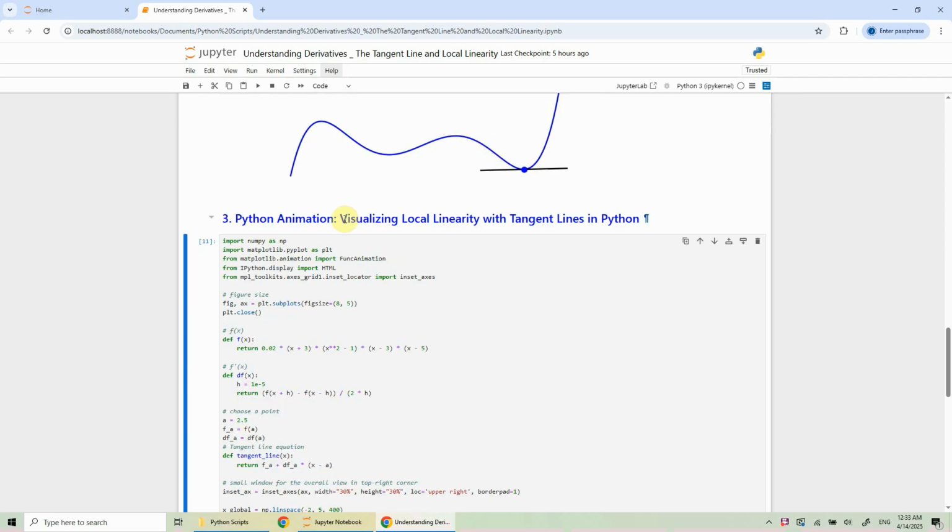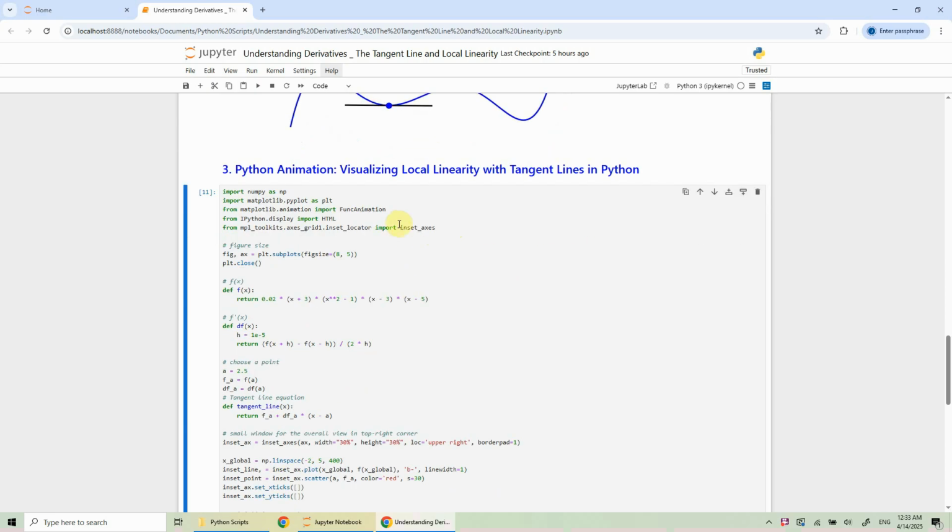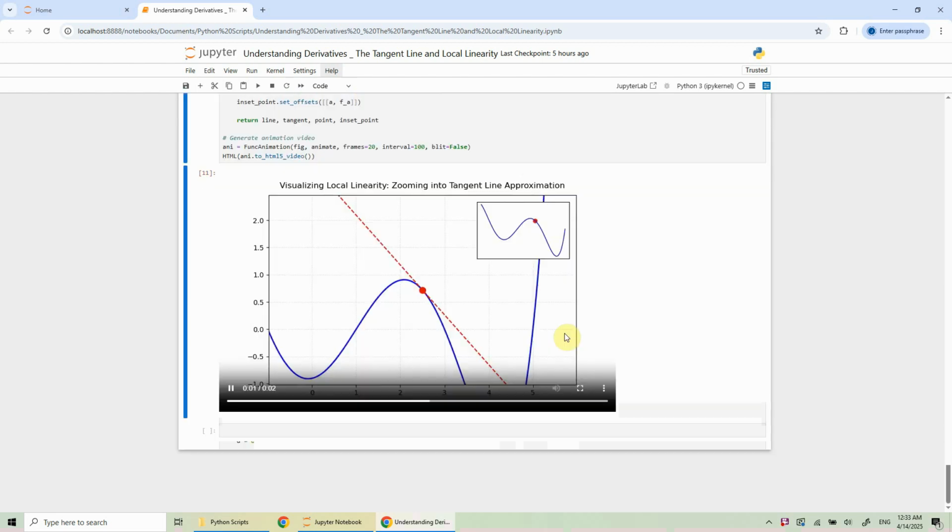Next, let's use Python to visualize local linearity with tangent lines. Here we import this function from this module. This module is in matplotlib because I want to have a smaller plot inside the bigger one.